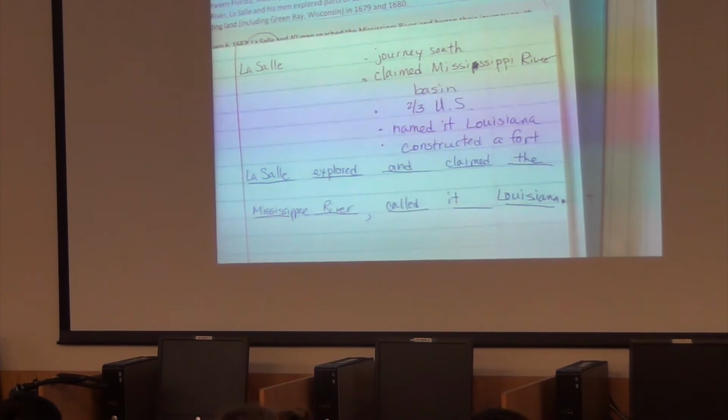I think it's safe to write that one down now. Okay, write that on your gist note card. LaSalle explored and claimed the Mississippi River, called it Louisiana. We have a friendly amendment here to change that to region or basin. Instead of river, call it region. Okay.